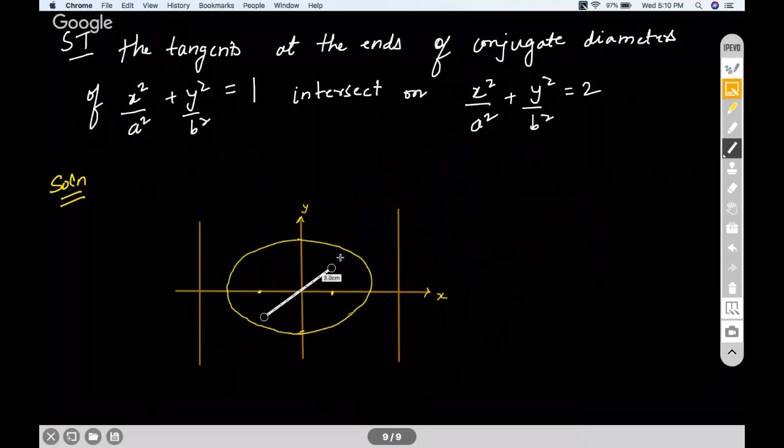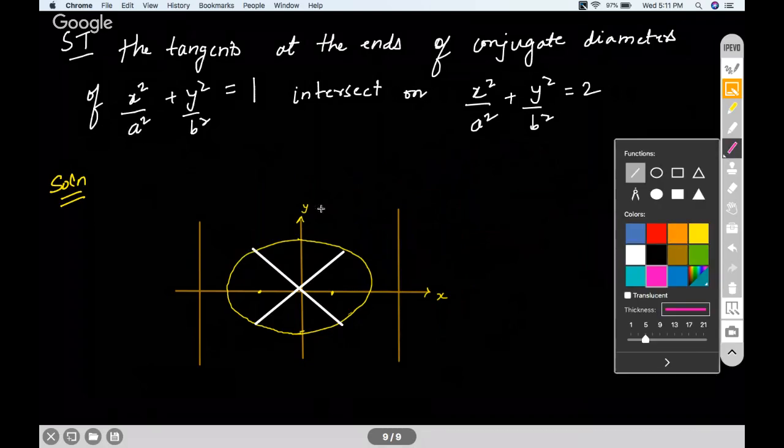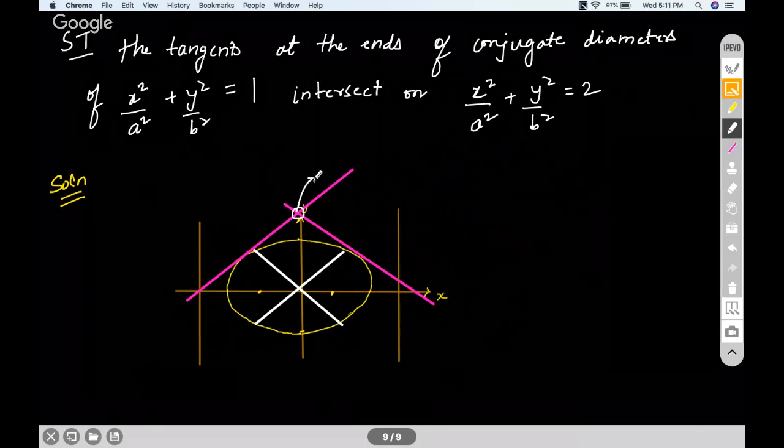Let's say these are the two conjugate diameters, and you are planning to make tangents at the ends of these diameters. Okay, so I have to find the locus of this point h comma k.